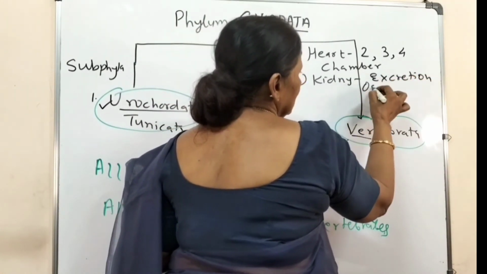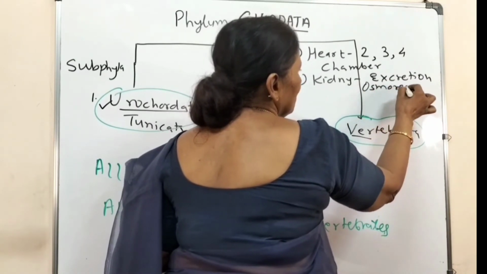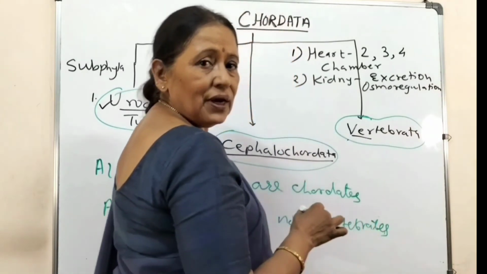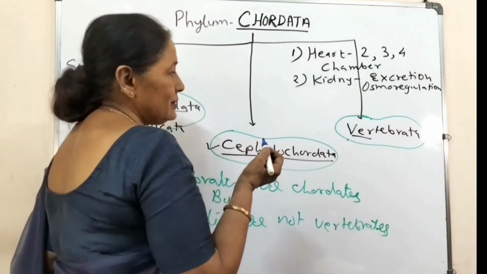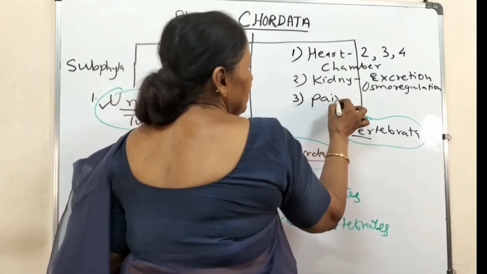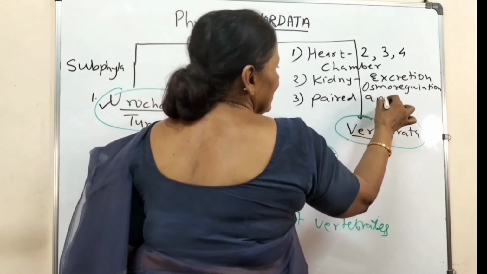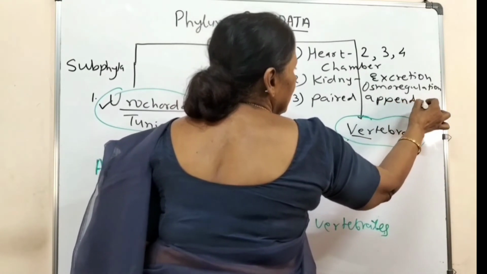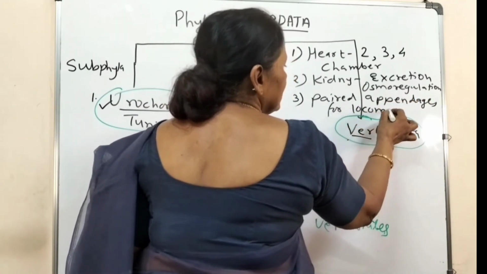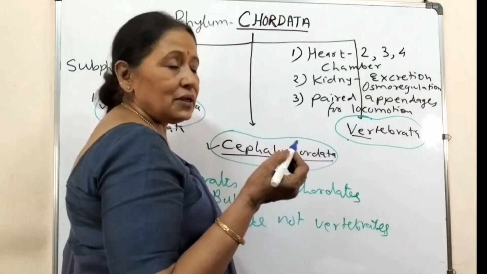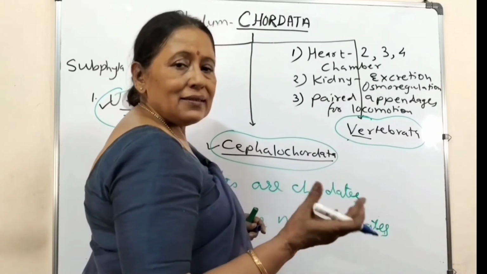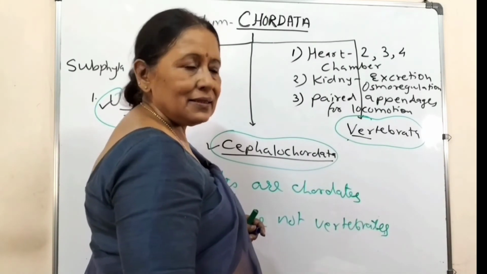Both are very important: the excretion of nitrogenous waste and the balance of water and ions, that is osmoregulation. Third, they have paired appendages for locomotion. What are paired appendages for locomotion? They may be limbs or they may be fins, as in the case of aquatic pisces.